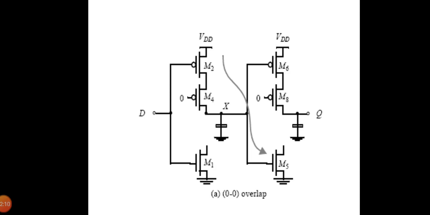This creates a path between the input and output that can destroy the state of the circuit. Simulations have shown that the circuit operates correctly as long as the clock rise time is smaller than approximately 5 times the propagation delay of the register. This criterion is not too stringent and is easily met in practical designs.